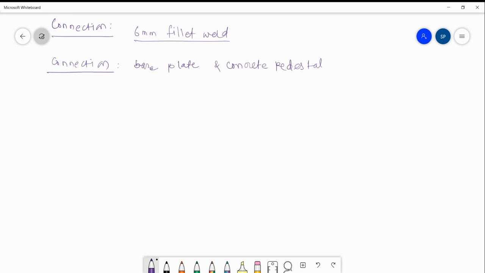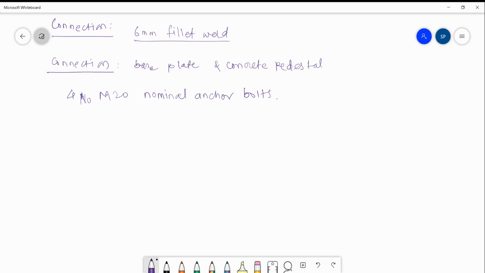So nominal anchor bolts can be provided. You can provide 4 number M20 nominal anchor bolts for connection between base plate and concrete pedestal. Now, if at all there is tension in base plate, in that case, definitely these anchor bolts need to be designed specifically to resist tension.